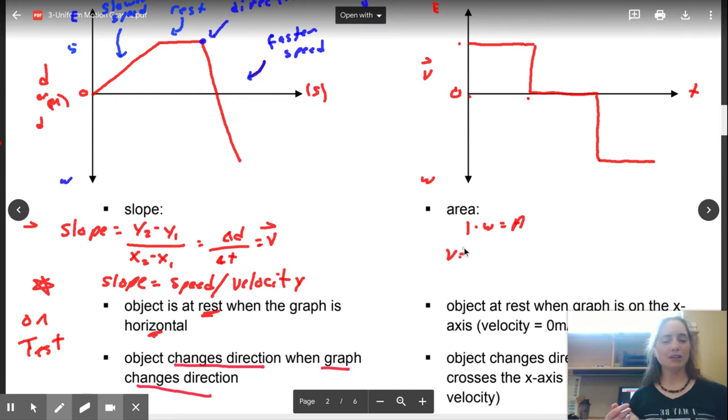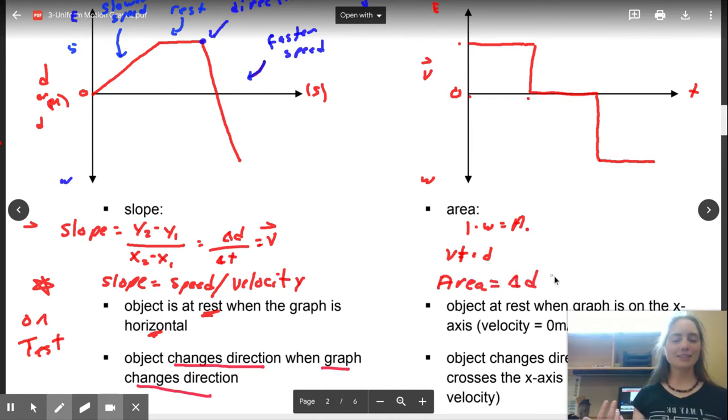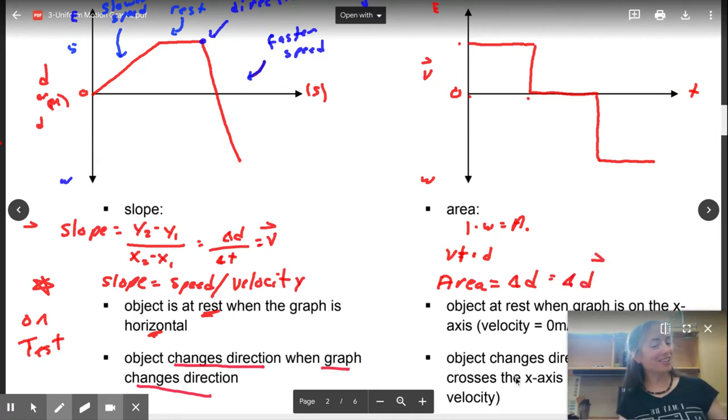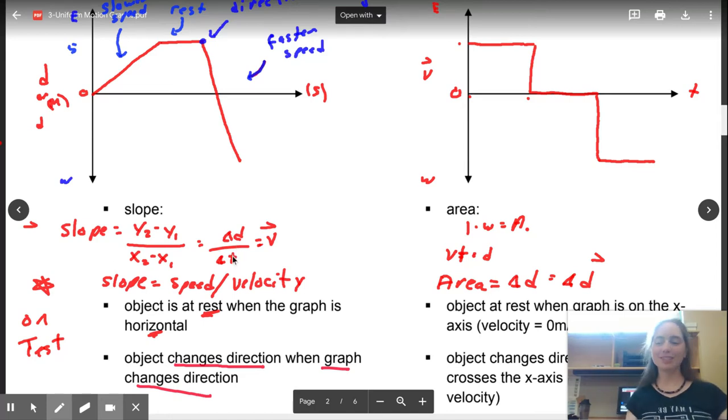So velocity times time is equal to what? Displacement. So ladies and gentlemen, your area is going to equal either distance or displacement, depending on what the question's asking for. Neat, eh?